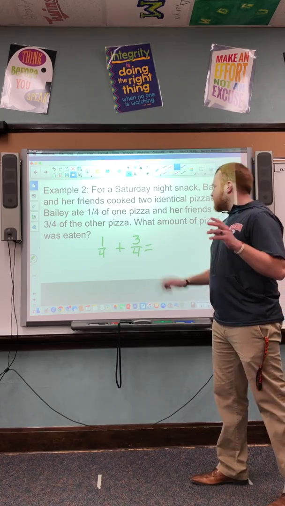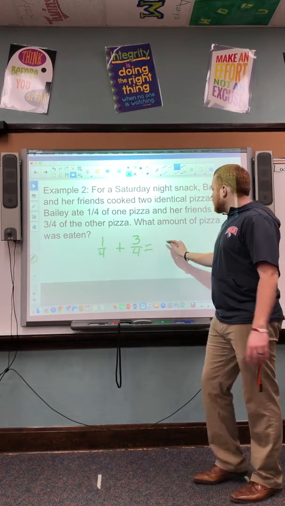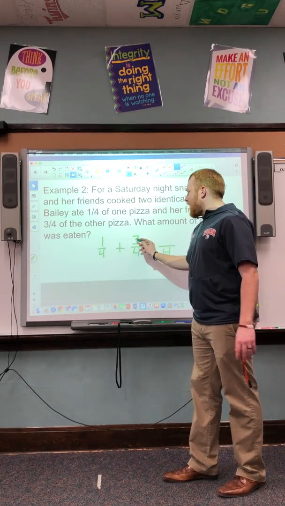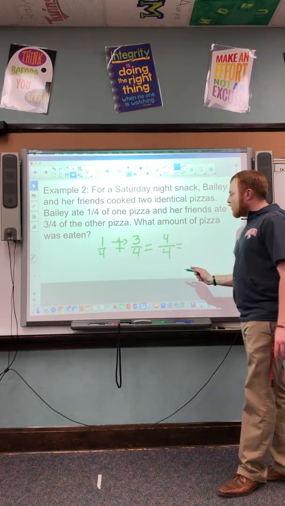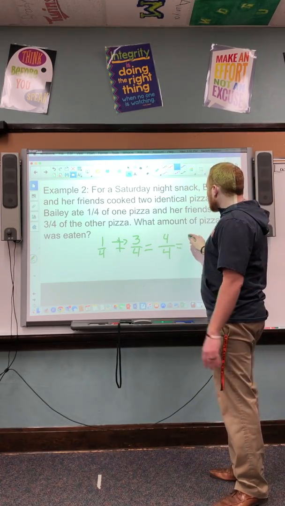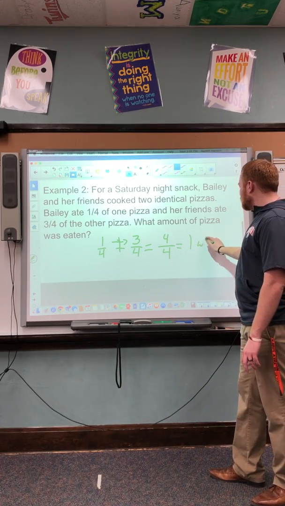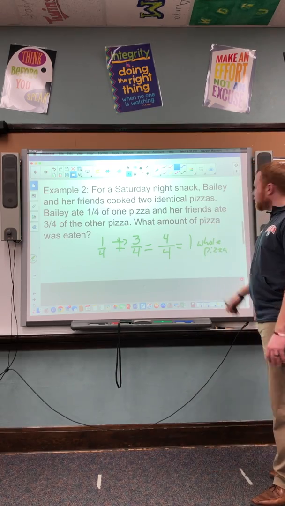So then we add them. Since the denominators are the same, it stays the same. You don't have to find a common denominator, and then we just add across. 1 plus 3 equals 4, which 4 over 4 we should know equals 1 whole pizza. And don't forget your labels.